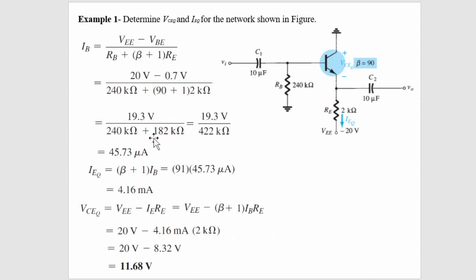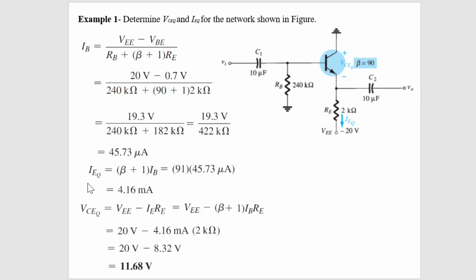Multiplying gives 182. So this gives 19.3 divided by 240 plus 182, that is 19.3 volt divided by 422 kilo ohm. If you solve this, the base current is 45.73 microampere.